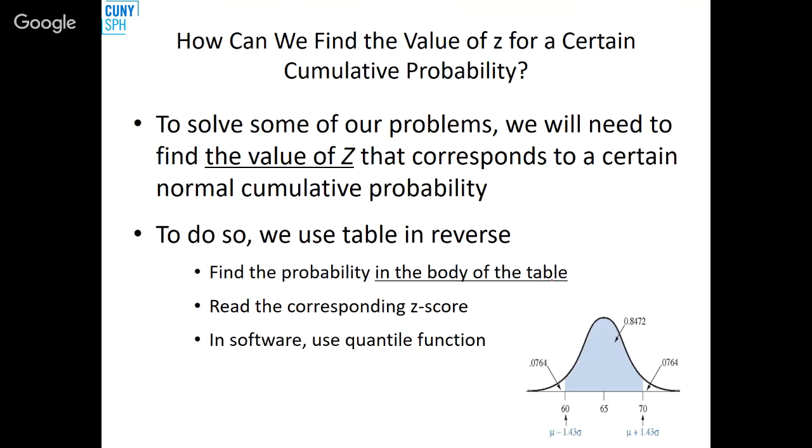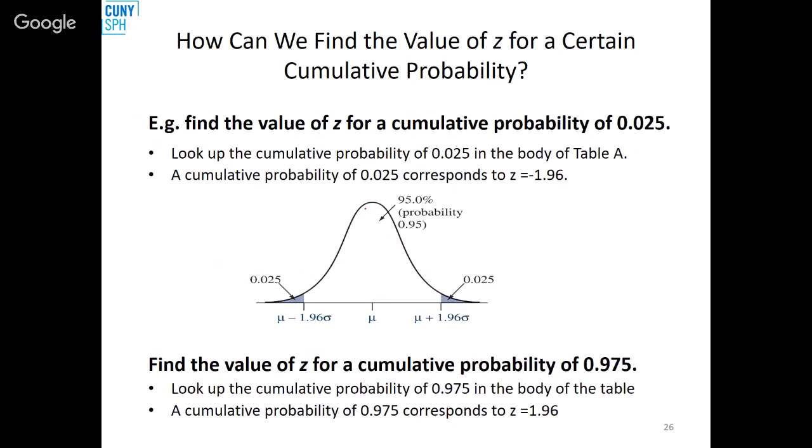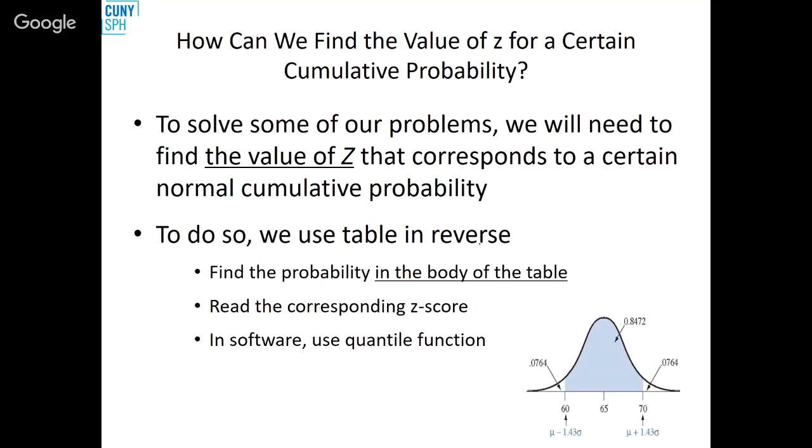So these were examples where I've given you the value of z and asked you to calculate the probability in a certain interval. You can do the reverse as well, where I ask you for a certain cumulative probability and ask you what the value of z is, or alternatively what, say, the height is, instead of just the value of z. You can do this again using the body of that table, and again using Excel.